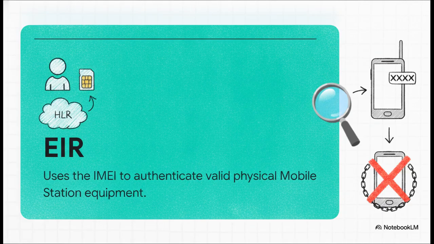The EIR database uses the International Mobile Equipment Identity, you probably know it as the IMEI, to ensure that the physical terminal equipment is actually valid. So if a phone is reported stolen, its IMEI gets blacklisted in the EIR. That effectively turns the hardware into a useless brick on that network, completely regardless of whose SIM card is inside.